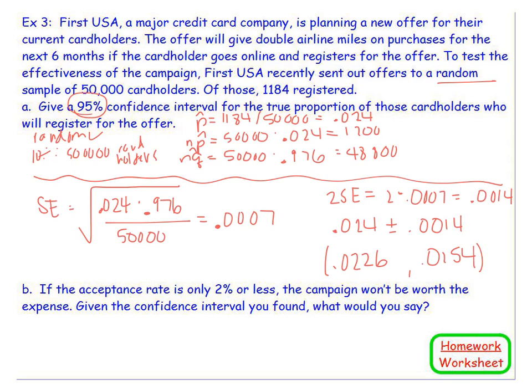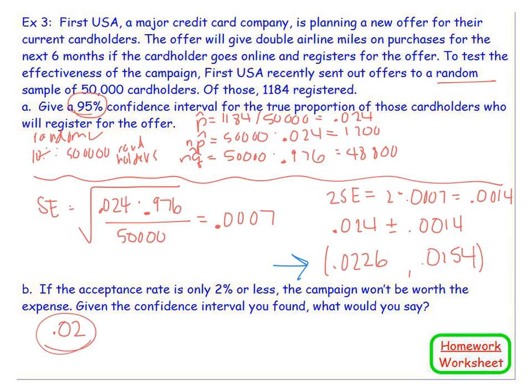So we have a different question here than our typical conclusion sentence. If the acceptance rate is only 2% or less, so that's their normal acceptance rate, the campaign won't be worth the expense. Given our interval, what do we have to say? Well, 2% is 0.02. Look at our interval. Our interval is bigger than that.